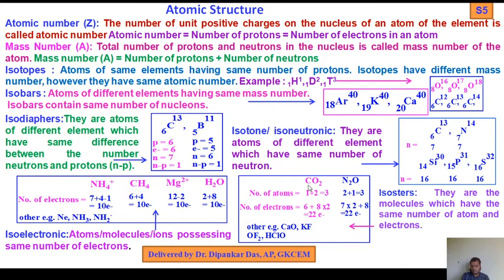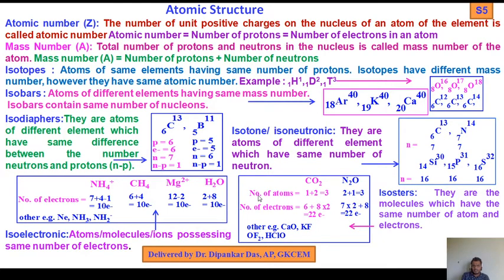Number of electrons: carbon 6 and each oxygen 8, so for 2 oxygen, 8 into 2, that is 22 electrons. In case of nitrogen, each nitrogen 7, for 2 nitrogen 7 into 2 plus oxygen 8, that is again 22 electrons. So in both cases we get the same number of electrons and the same number of atoms.